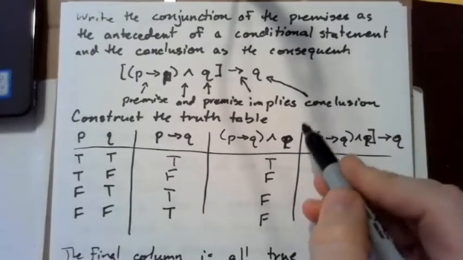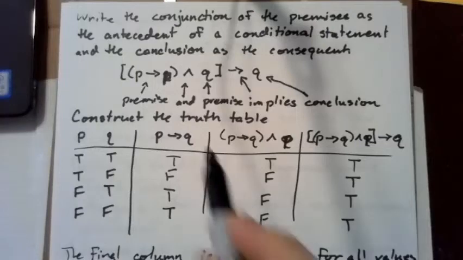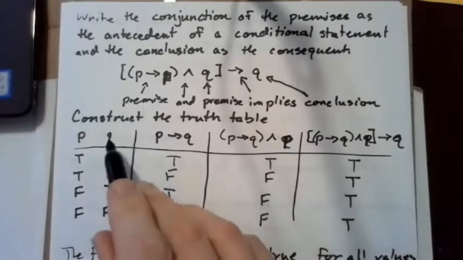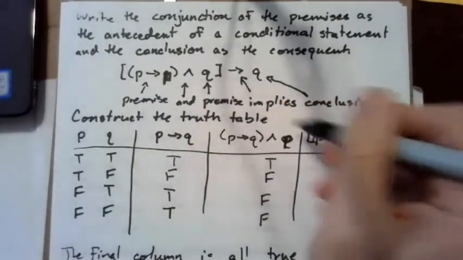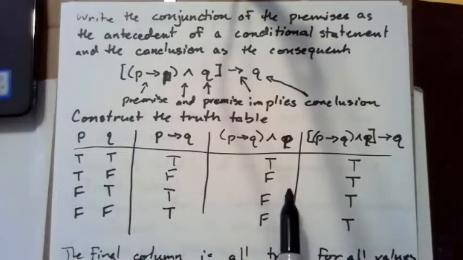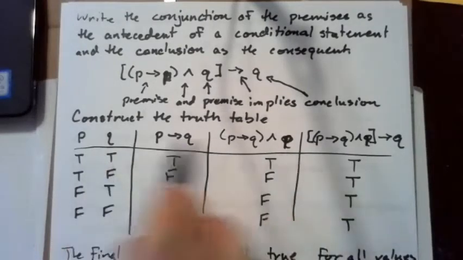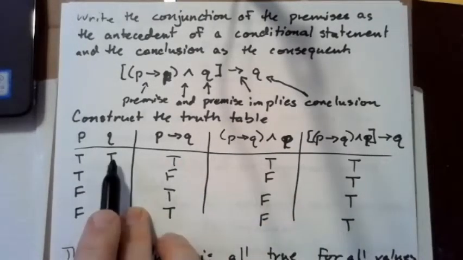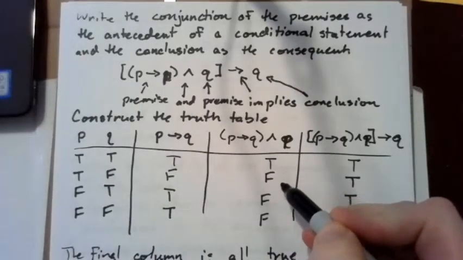Well, that means we're asking, are both P implies Q and P true? It's only true if they're both true, which is the case in the first row. P implies Q and P, both are true in the first row. But in the second row, they're both false.